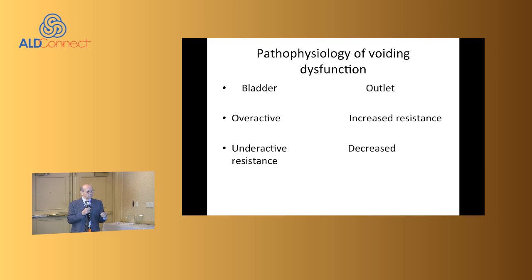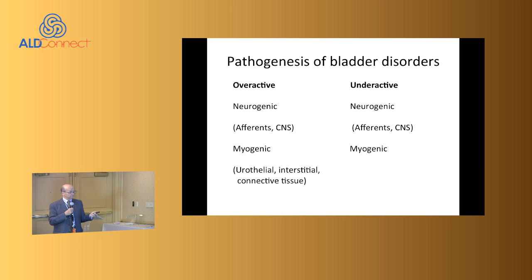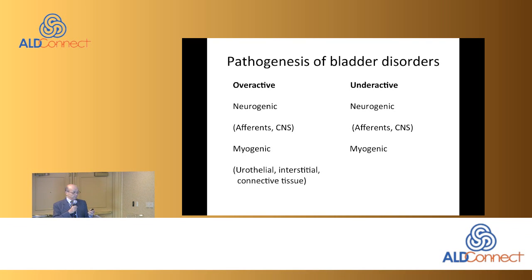The outlet also can give increased resistance or decreased resistance. The disorders that give either of these problems can be neurogenic, like in spinal cord injuries, multiple sclerosis, any of the demyelinating diseases, Parkinson's disease. And then there is myogenic, which is problems with the muscle of the bladder.